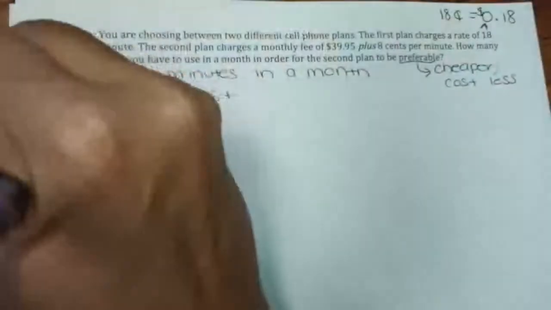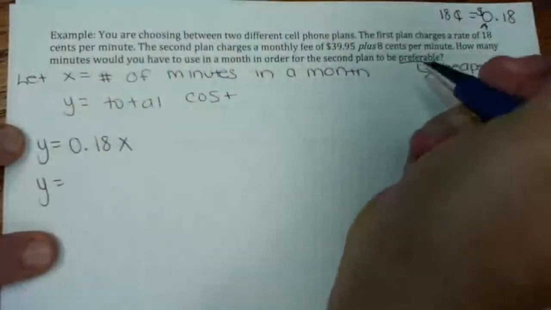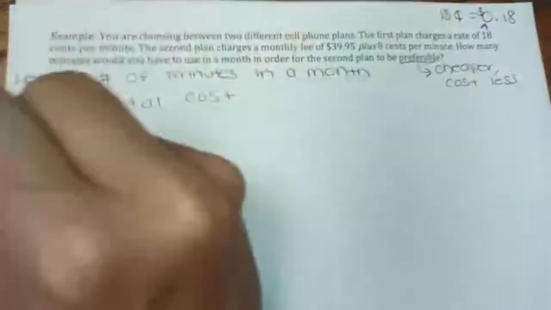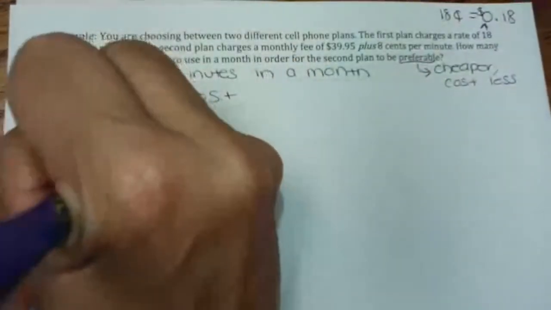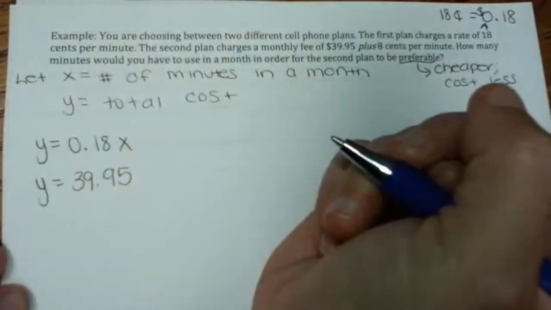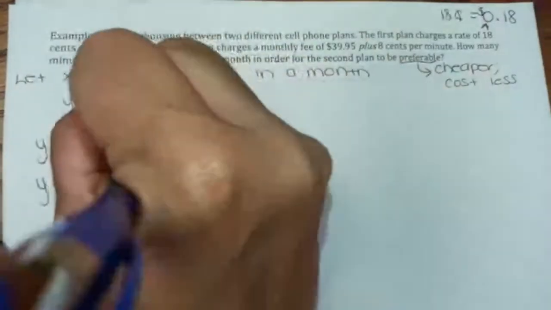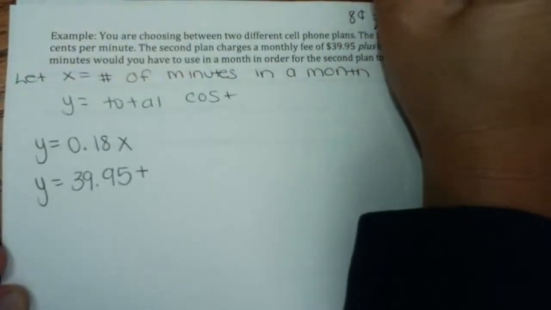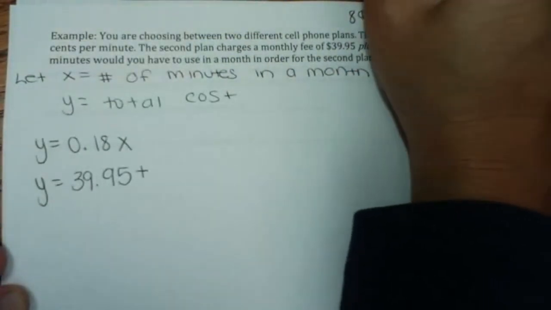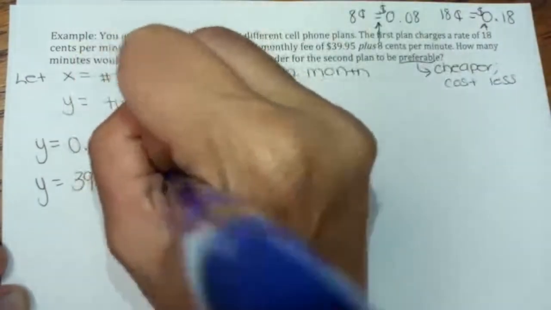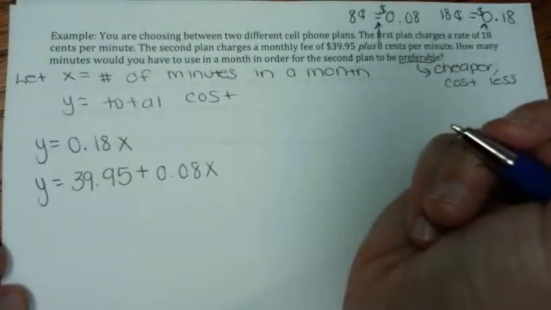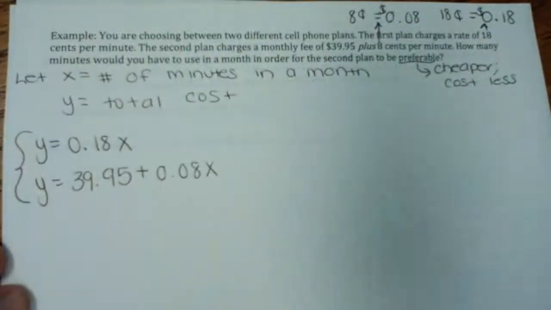The second plan, so the total cost for the second plan, y equals, would be a monthly fee of $39.95 plus 8 cents. So here, 8 cents is going to be the same thing as $0.08. Putting it all in dollars, $0.08 per minute. So times x. Boom, here's our 2 equations.